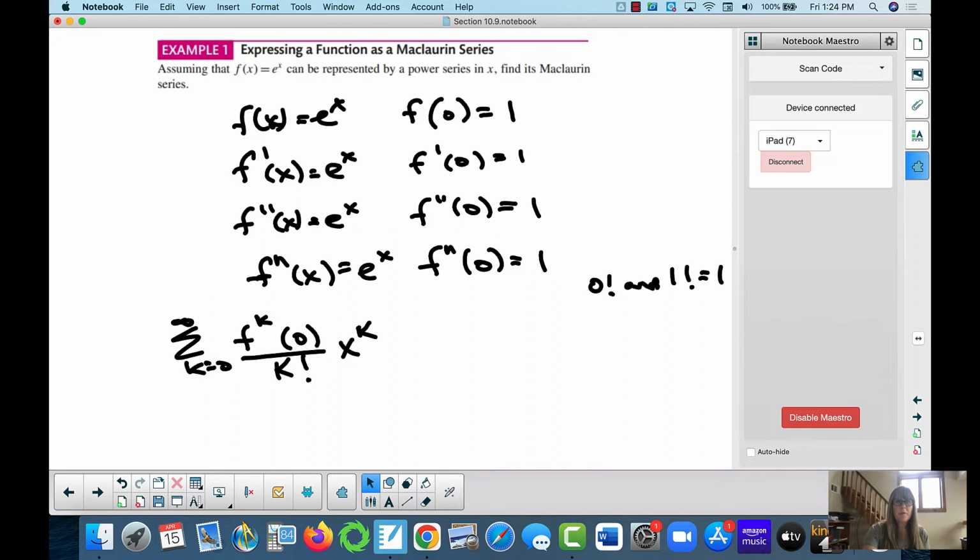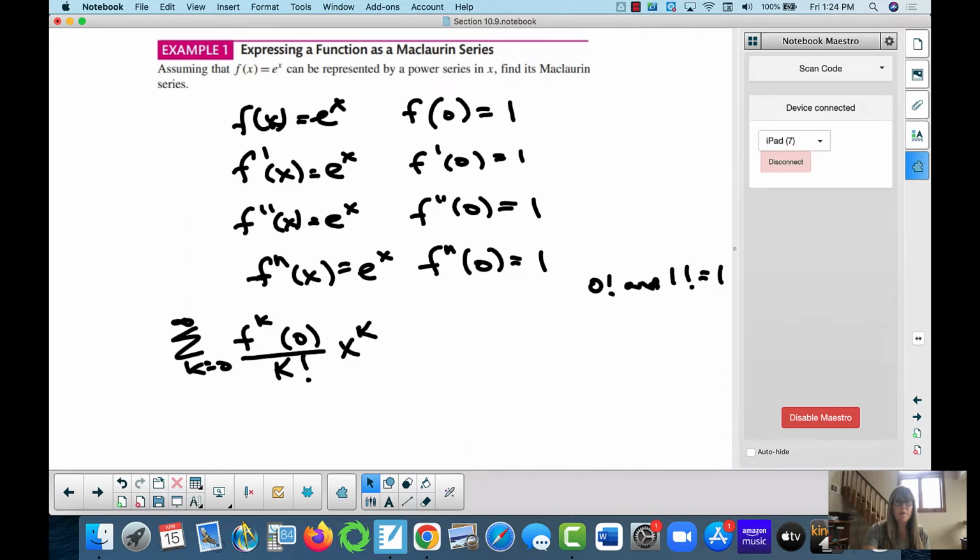This down here, 0 factorial, is also 1. So I just get x to the 0 power. I get 1. And x is being evaluated as 0. So actually, I get 0 for that first term when k equals 0.